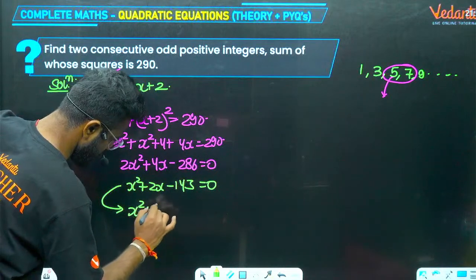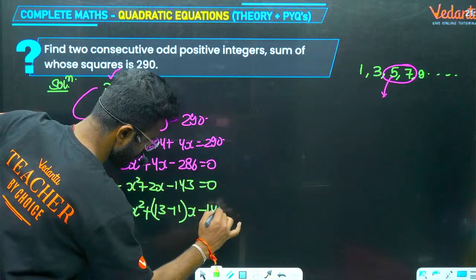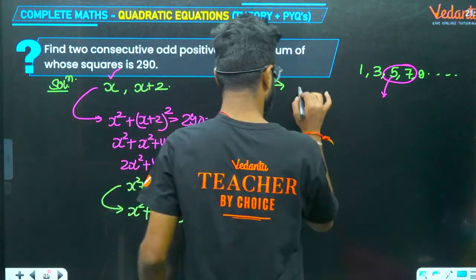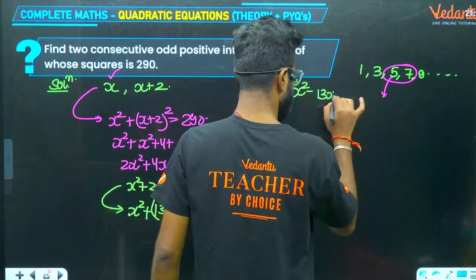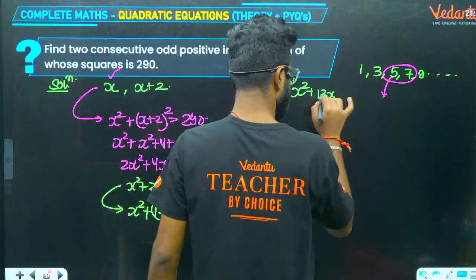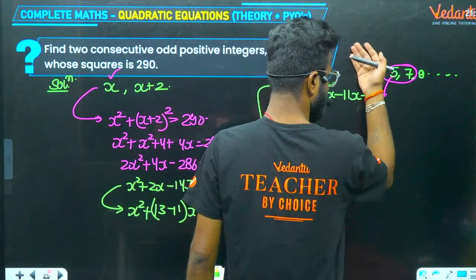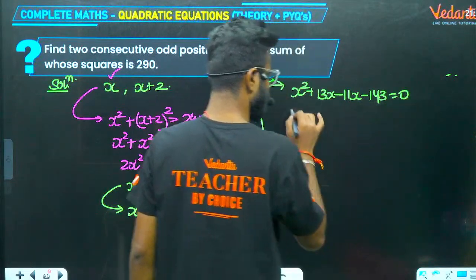The two factors are 13 and 11: x square plus 13x minus 11x minus 143 is equal to 0.